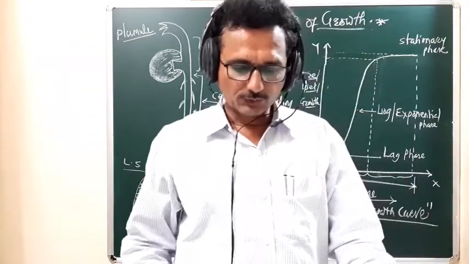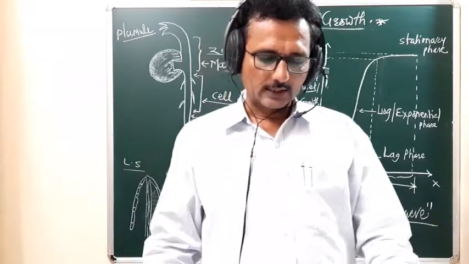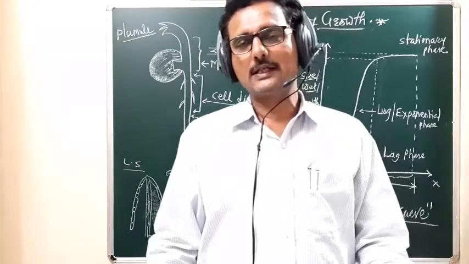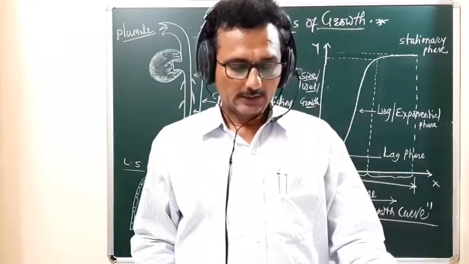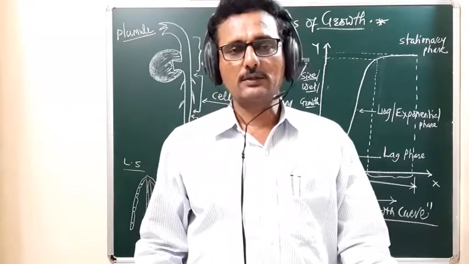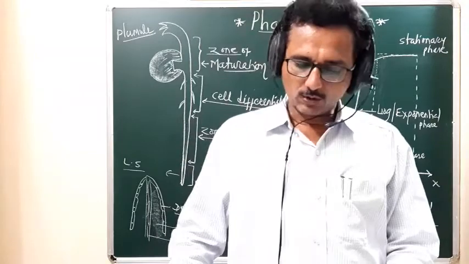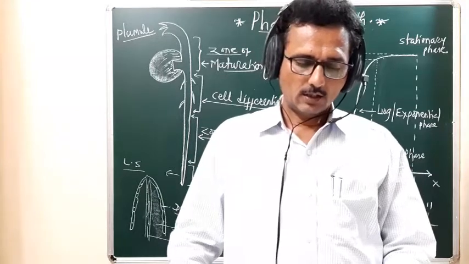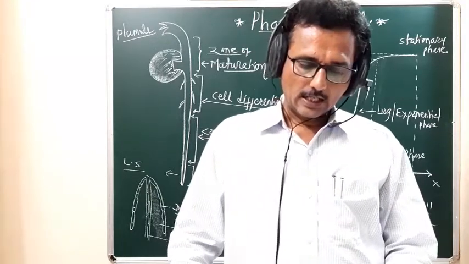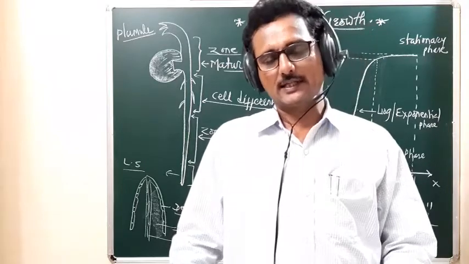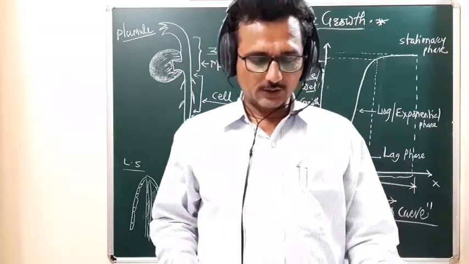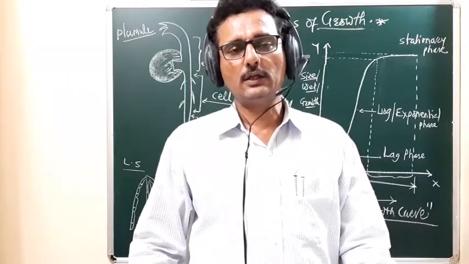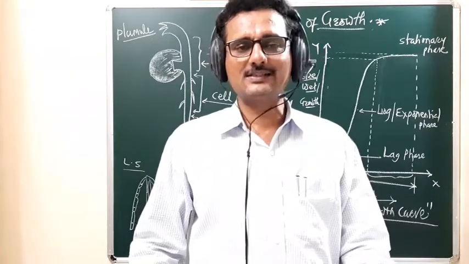Then question number 102. In which of the following does the rate of growth gradually slow down and come to a steady stage? See the question again. म्हणजे कोणत्या फेज मध्ये ग्रोथ ही स्लो होते आणि नंतर ती स्थिर होते.